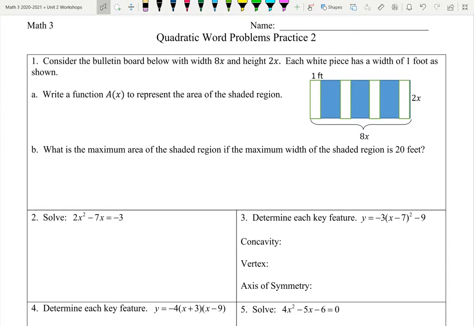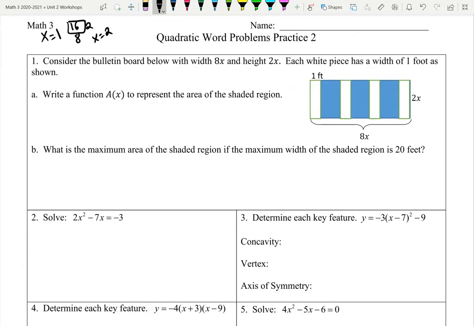Now, you might be wondering what 8x and 2x means. I'm going to really challenge you to think in terms of the variable. Variable lets me test and put various inputs in. If I said x is 1, I'm just looking at the whole bulletin board. It would be an 8 by 2, which would have an area of 16.